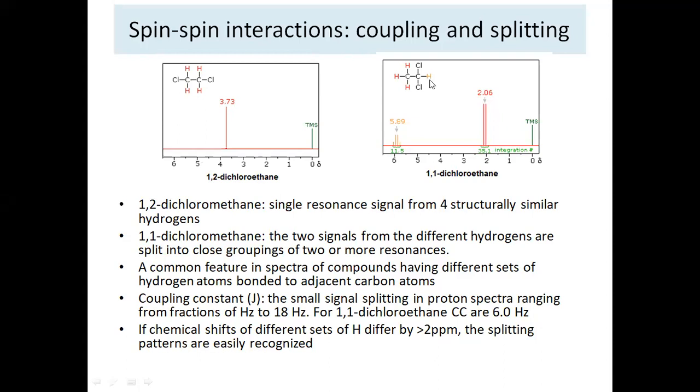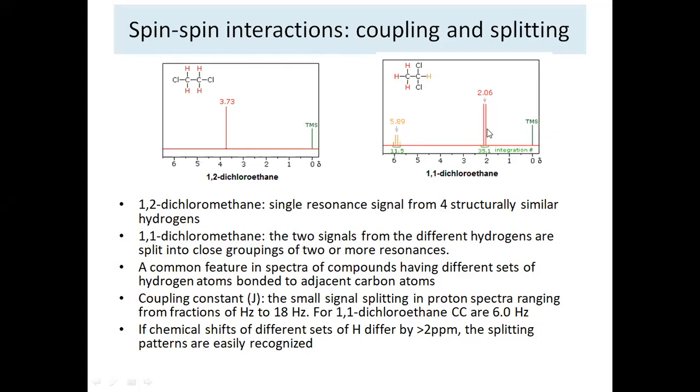Is that clear? One is shown in red color, the other is shown in yellow color. So two different types of hydrogen, and therefore you should know that we are going to get two distinct peaks other than TMS.